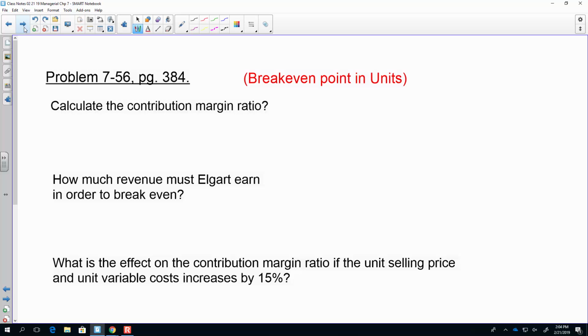All right, we have a little income statement here. Elgart produces plastic mailboxes. Their income statement is as follows. Compute the contribution margin ratio for the mailboxes. Question 1.